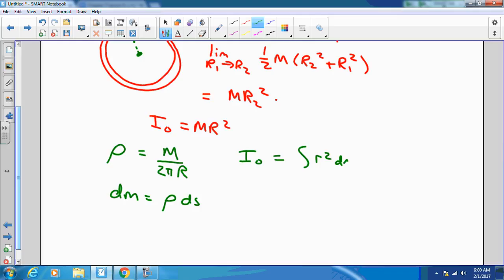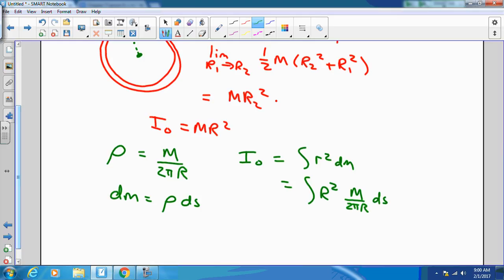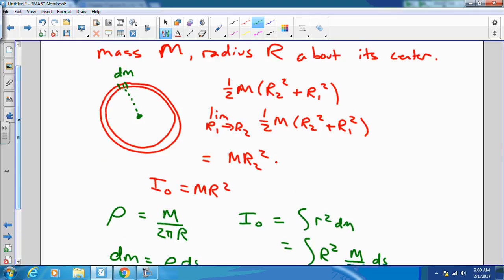and therefore I0 should be equal to the integral of r squared dm. But for all of the pieces on this circle, the radius is a constant. It is equal to big R. And dm is simply equal to mass over 2 pi r times ds.